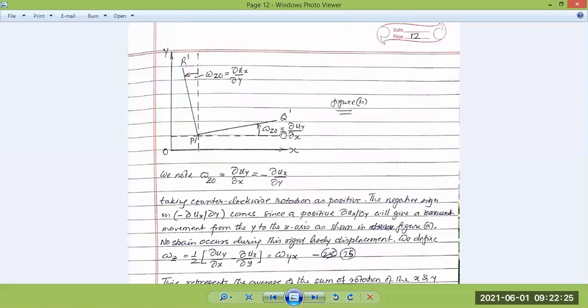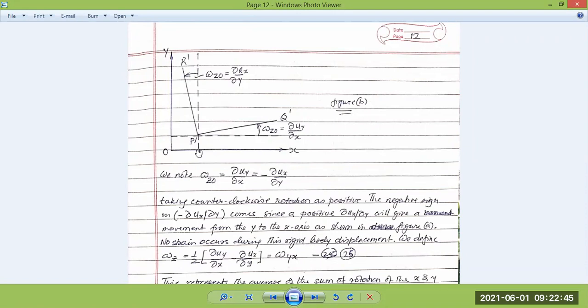Here what we are seeing is again the coordinate axes OX and OY along the X direction and Y direction. Initially the position was P and Q along this direction and along this dotted line.